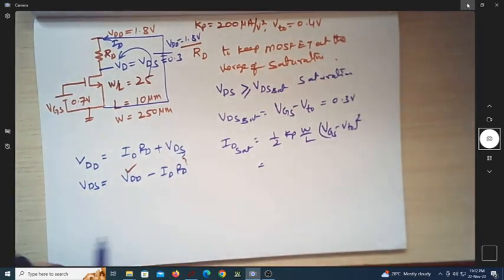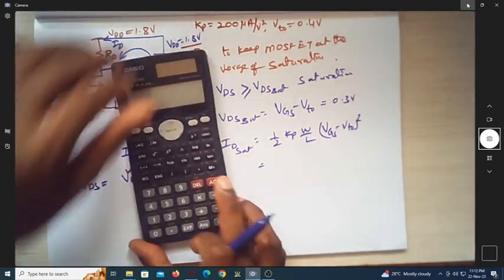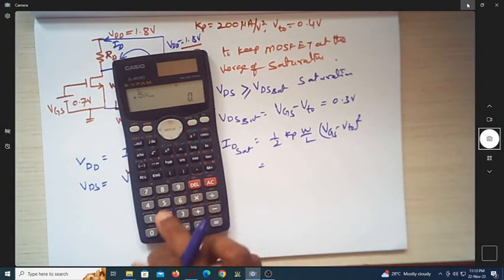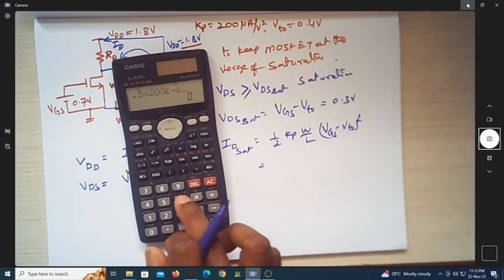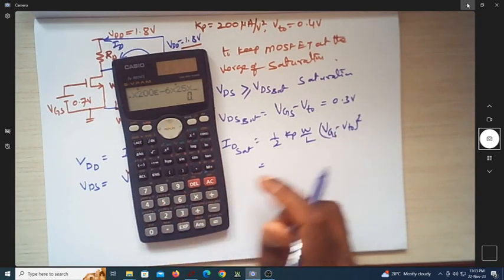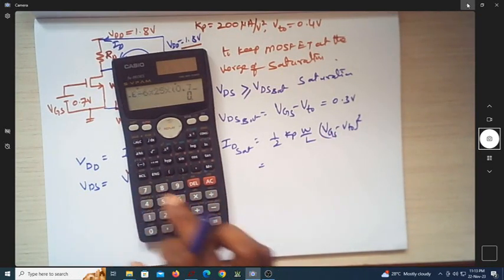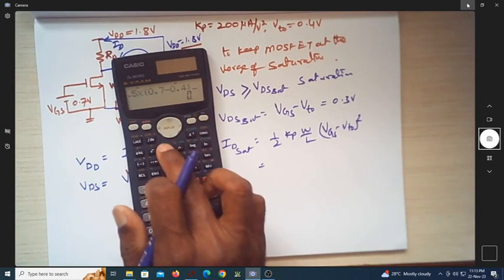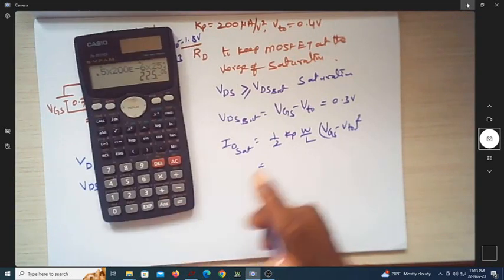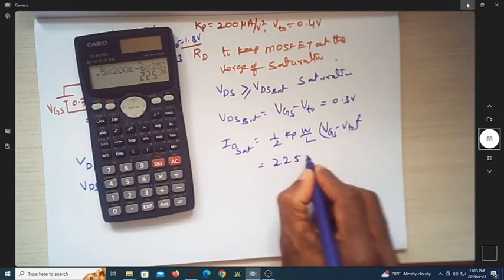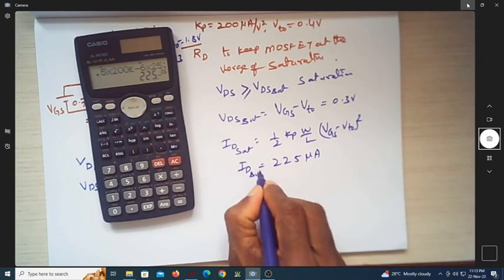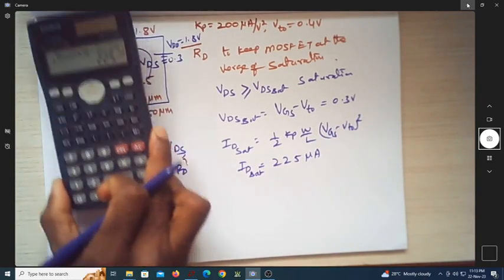So let us substitute the known values. It is 0.5 into 200 exponential minus 6 into W by L is 25 into 0.7 minus 0.4 whole square is the value of ID. You can see now it is 225 microamperes. This is ID in saturation, or you can simply say it as ID.